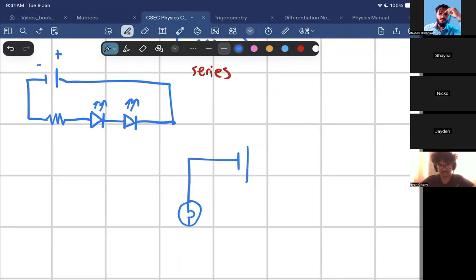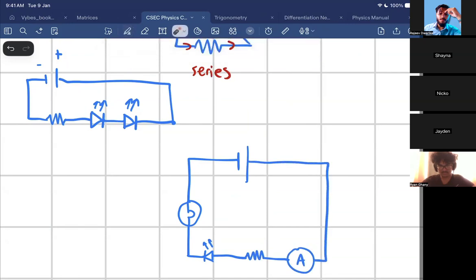Anybody willing to tell me what that component is? Does anybody know?